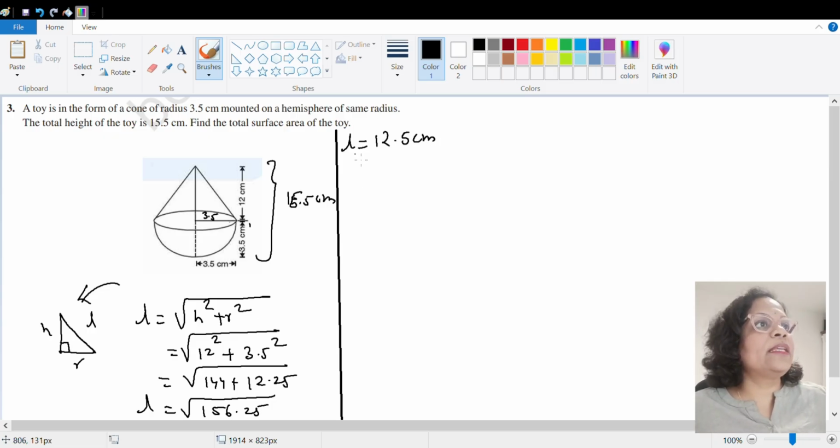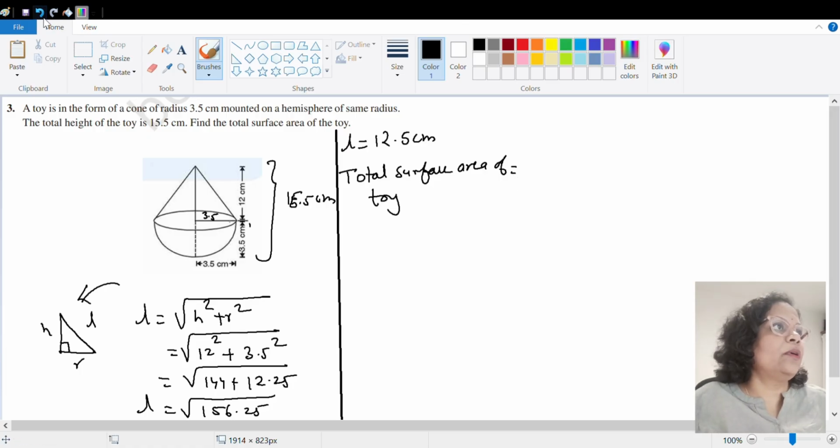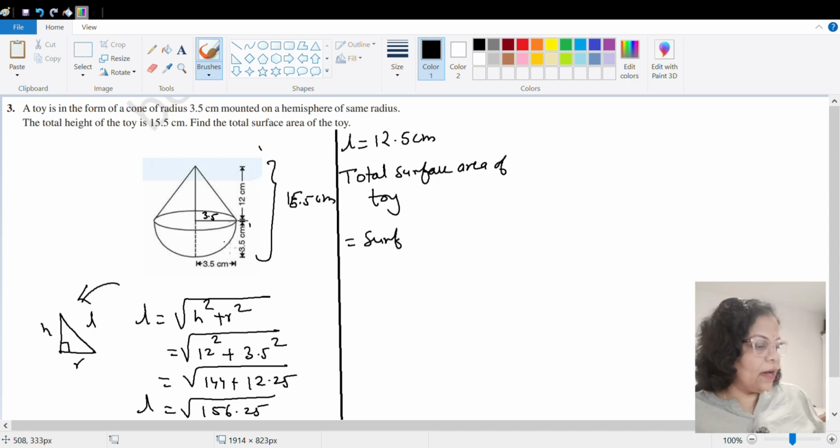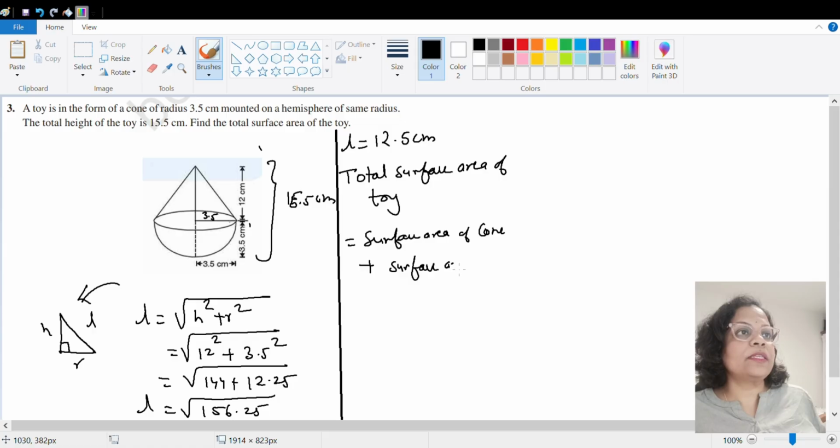Okay, so now we will write the formula. Total surface area of the toy is equal to surface area of cone plus surface area of hemisphere.